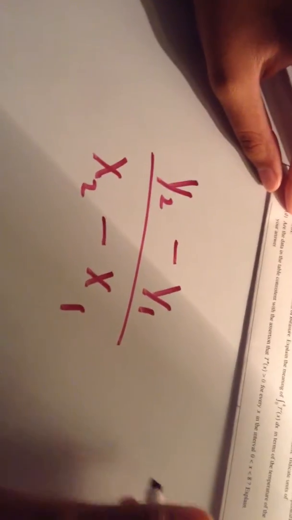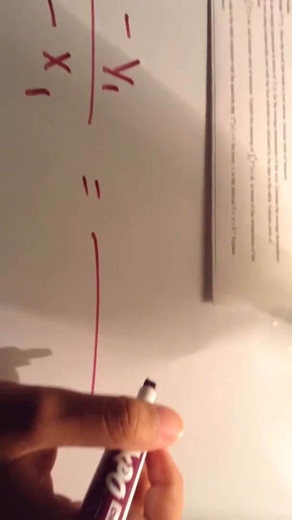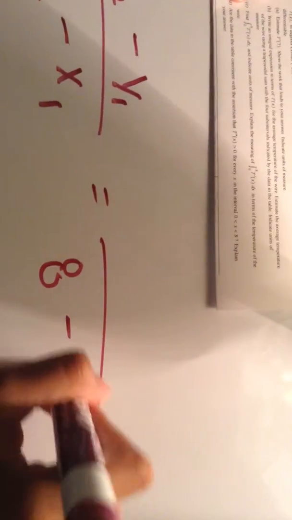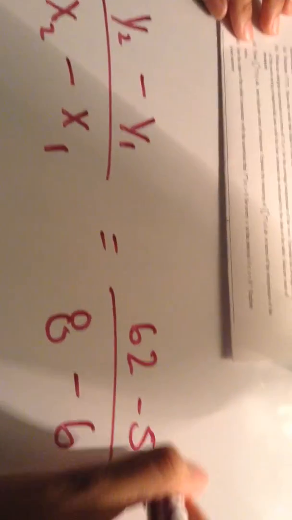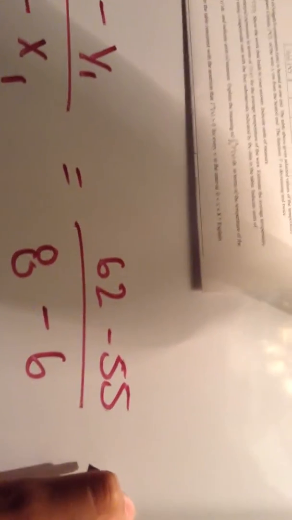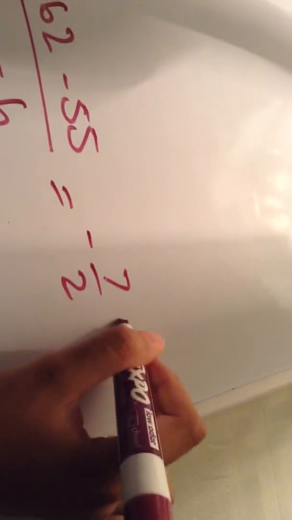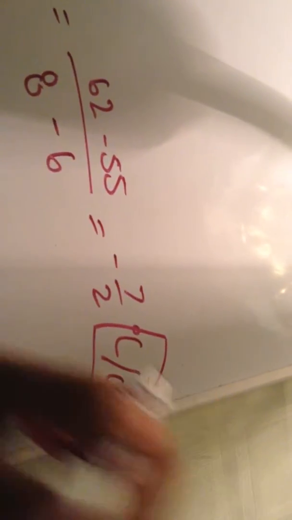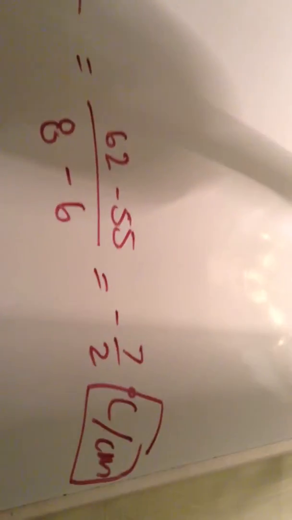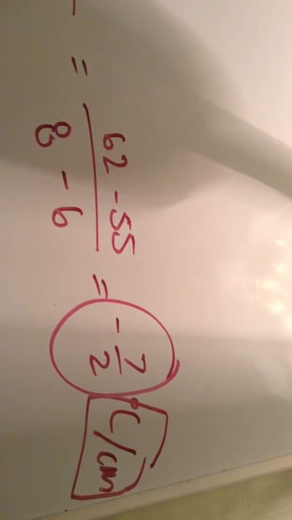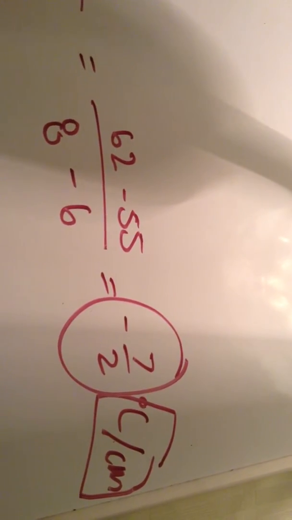We use this because the derivative is equal to slope. Now, don't forget to put these units because sometimes they give you points. You will get 1 point for this numeric answer of -7 over 2.